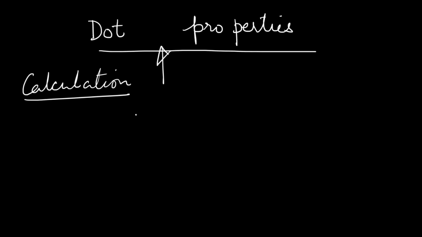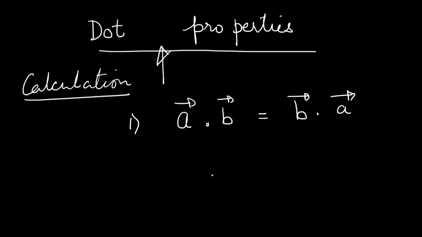Here too there are two important properties. One is A dot B, and it's good to write all the three things, is equal to B dot A. This is called the commutative property of the dot product.